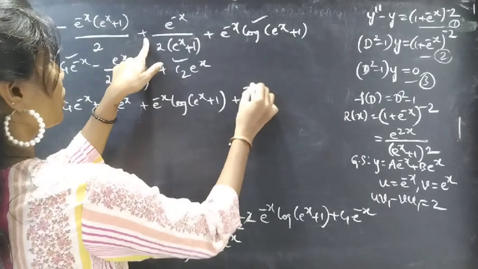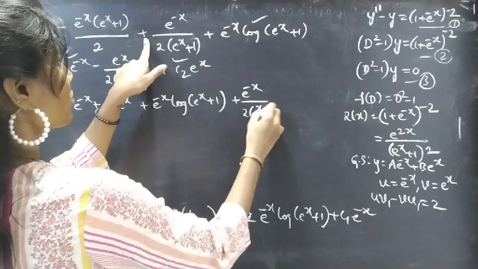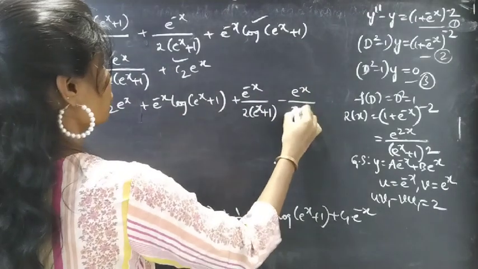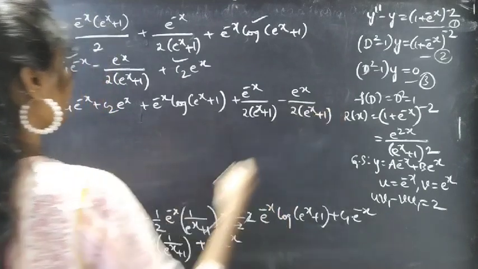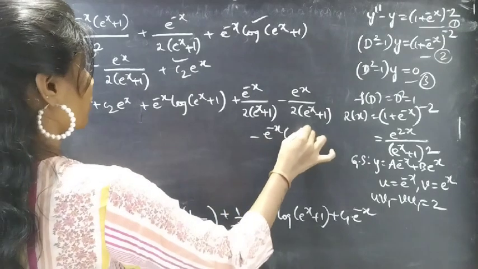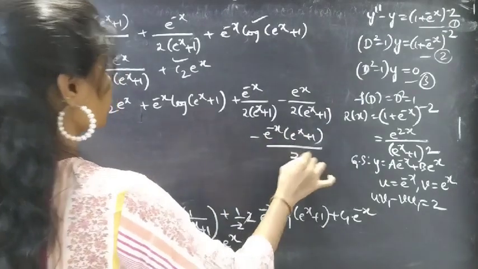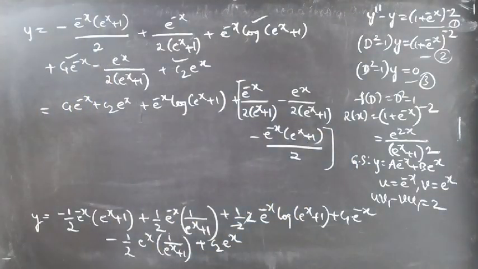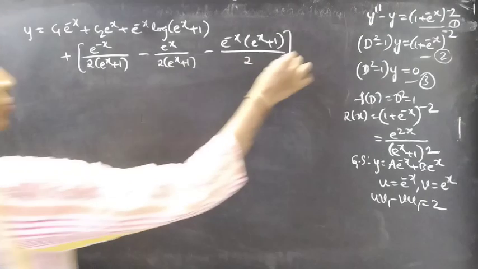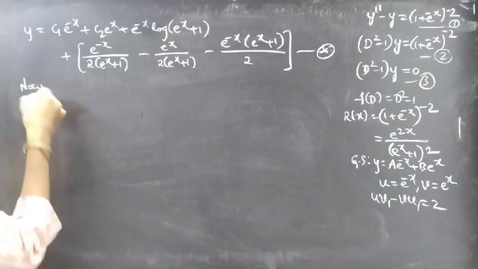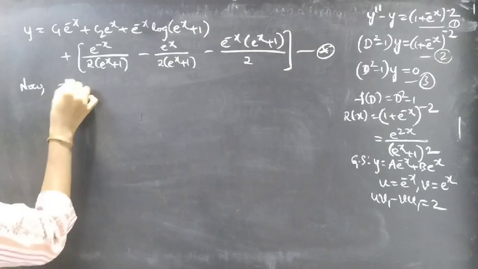Plus e power minus x by 2 times e power x plus 1, minus e power x by 2 times e power x plus 1, minus e power minus x of e power x plus 1 by 2. Now I'll simplify these 3 terms, the last 3 terms. Consider this equation as asterisk. Now I'm going to simplify these 3 terms, right?